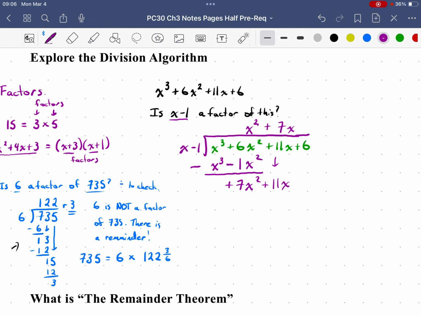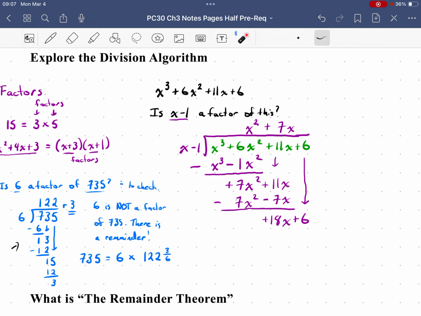Then we multiply it out. 7x times x is 7x squared. 7x times minus 1 is minus 7x. Write it down. We subtract. 11x minus 7x is plus 18x. Then we bring down the 6.